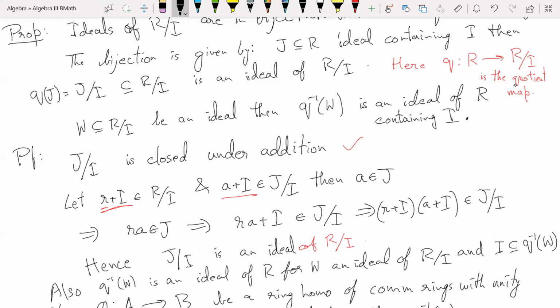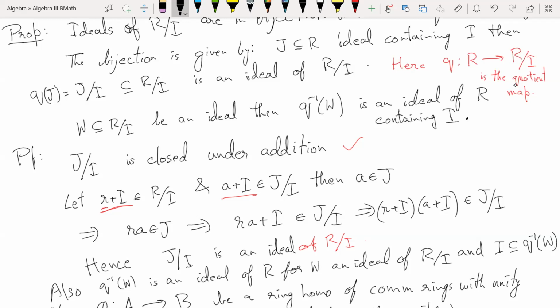Of course, Q inverse W contains I is obvious, right? Because we showed that the kernel of Q is I. So Q inverse 0 is equal to I. And W is an ideal, so it of course contains 0.